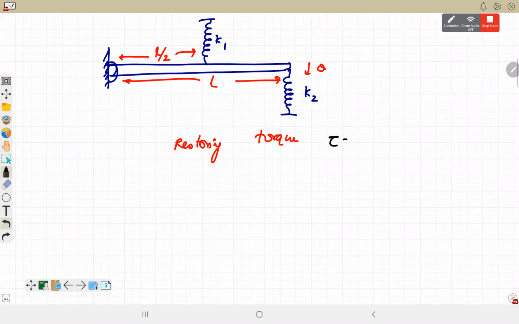So restoring torque will be K1. It is at a distance of L by 2, so K1 into L by 2 square theta plus K2 into L square times theta.